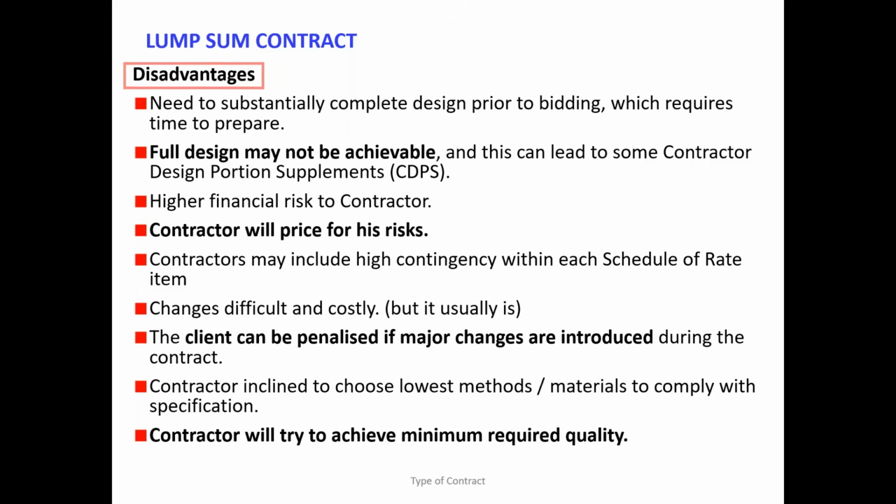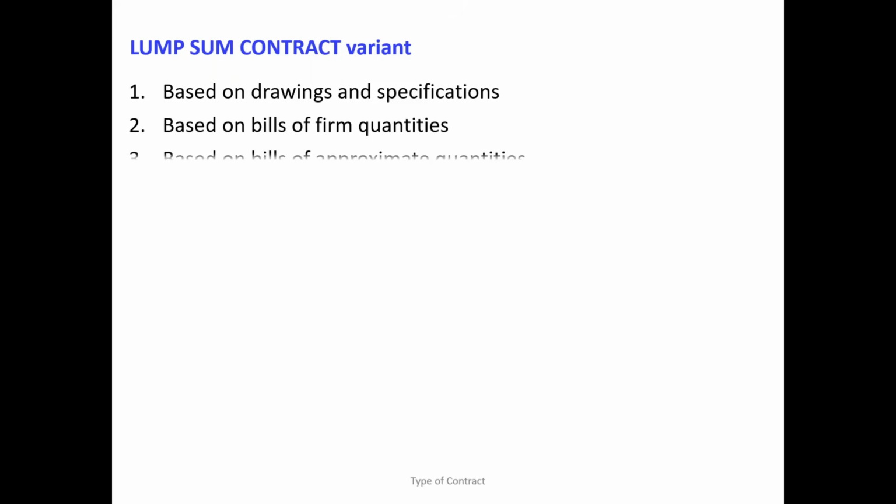So this is the characteristic of the lump sum contract. Now let's learn some variants under the lump sum contract. Now we are going to discuss some characteristics. There are three variants theoretically under the lump sum contract. The third variant I will tell you at the end of the lecture.